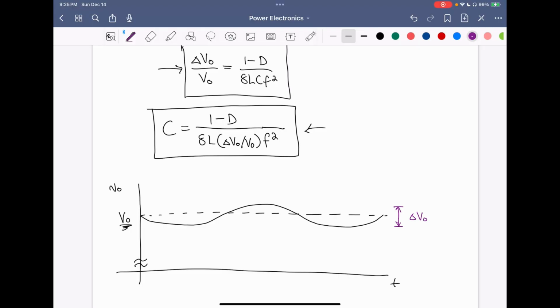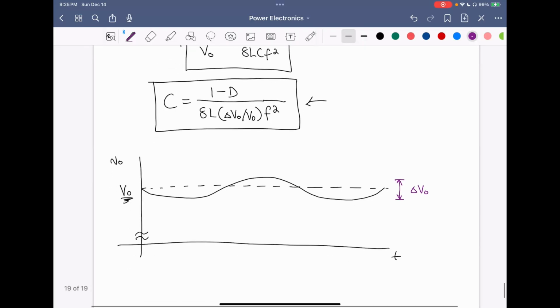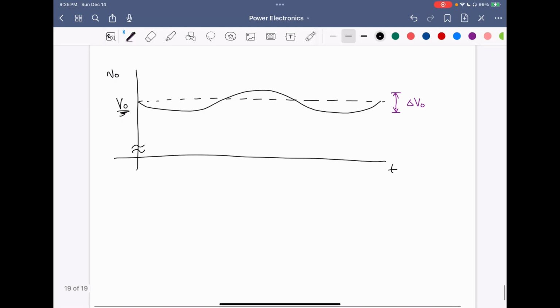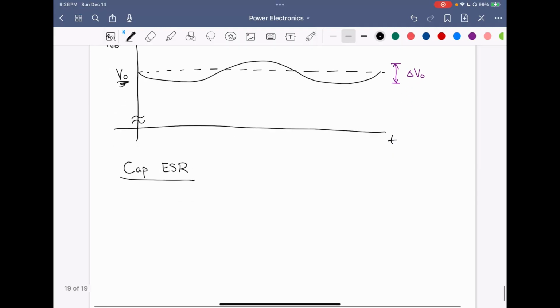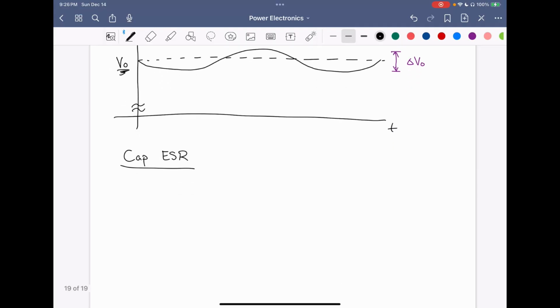Now, there is one more thing to consider, and that's actually that the capacitor also has an equivalent series resistor. So capacitors that you use to actually design in your converter aren't ideal.